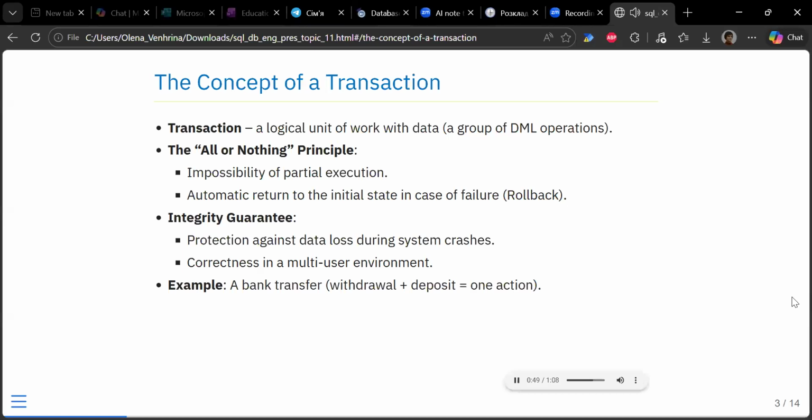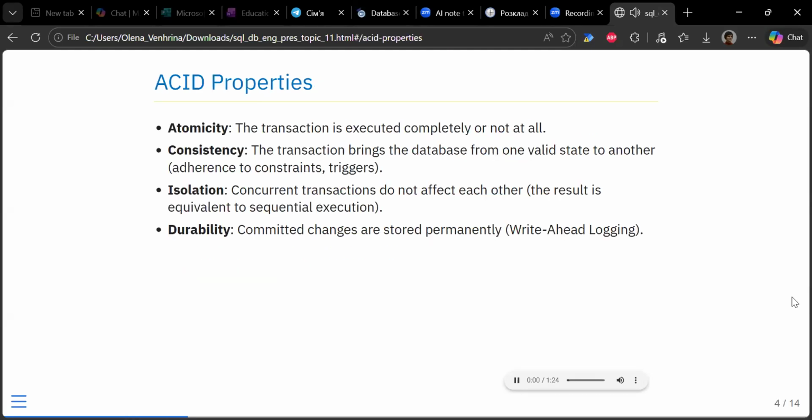The transaction mechanism obliges the system in such a case to automatically cancel all changes and return the database to the state that preceded the start of the operation. This very mechanism is the main guarantor of data integrity, ensuring that the database is always in a correct state, even if errors occur.